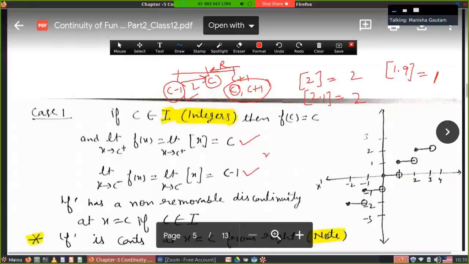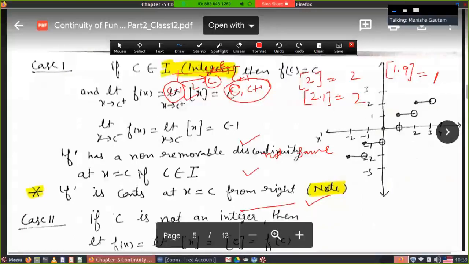Both are not the same. Both left and right limits are not the same. That's why the function is discontinuous at any integer.